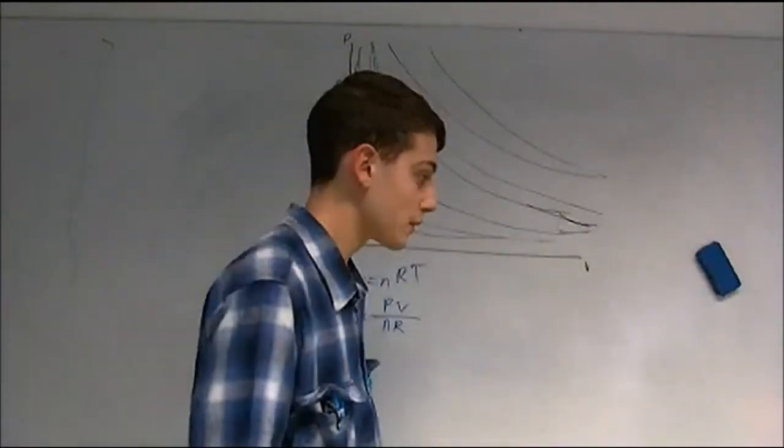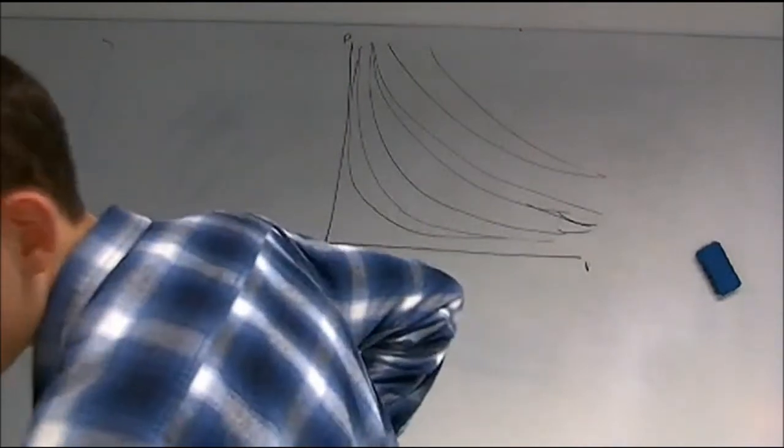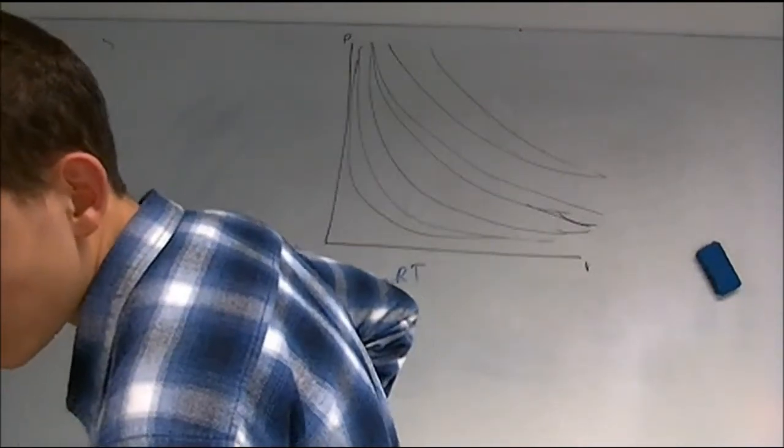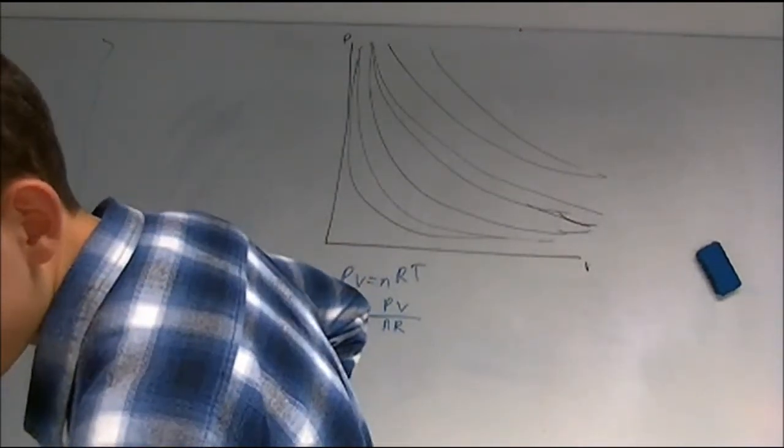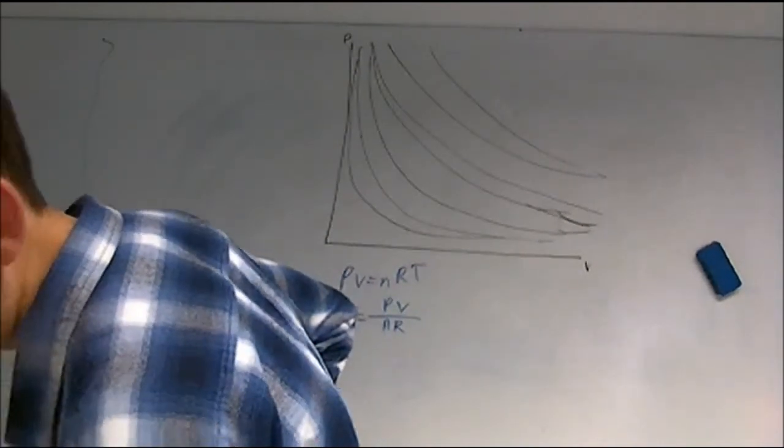So isobaric means like the motion between isotherms. So we have like a complete, what do they call the cycle? You know what it's called? Carnot cycle.